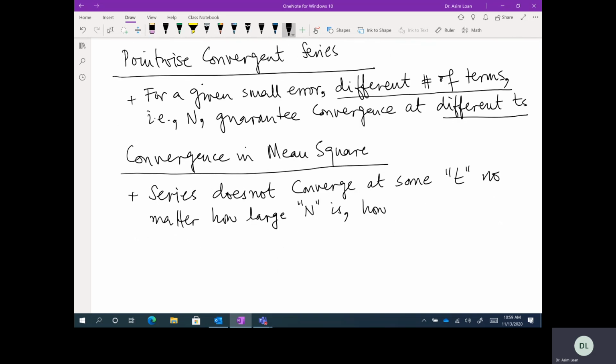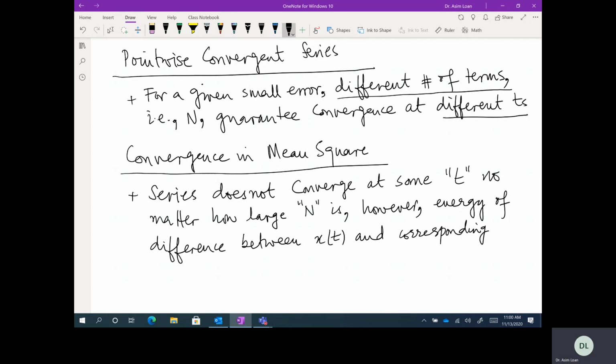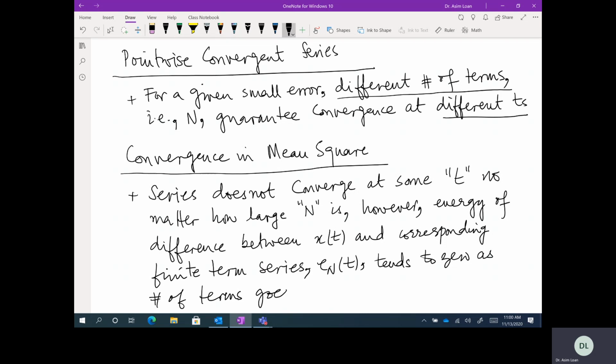However, the energy of the difference between x of t and the corresponding finite term series, which is En of t, tends to 0 as the number of terms goes to infinity.